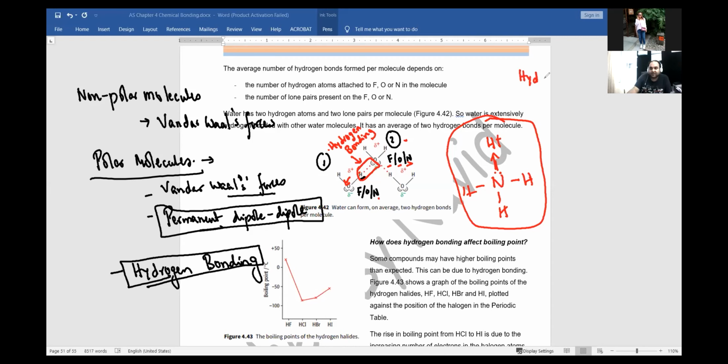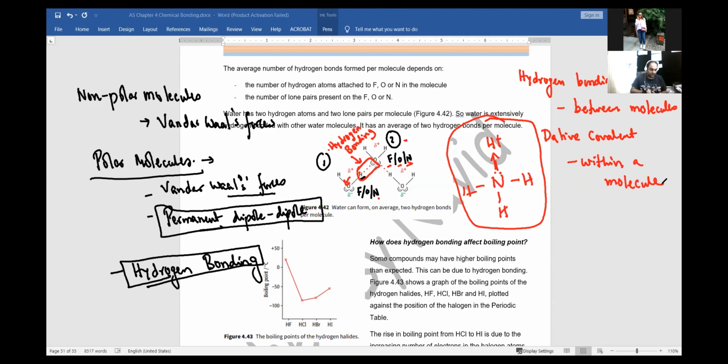Hydrogen bonding is between molecules. Dative covalent is within a molecule.